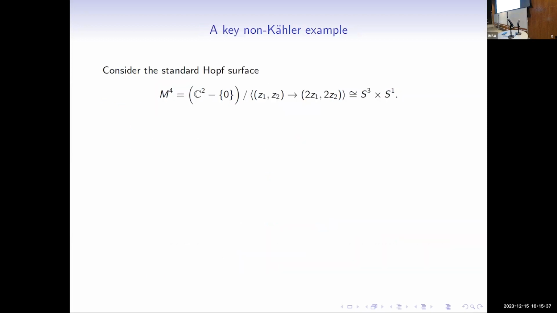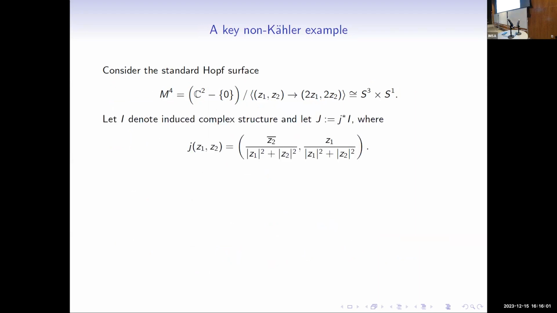So let me now turn again to this example, which came up a few times already, the standard Hopf surface, which I'll describe in a slightly different way, but it's exactly the geometry Marco described. This is exactly coming from the Lie group description he gave. If you take C2 minus the origin, then quotient by the standard Z action given by dilation of the two factors by a factor of 2, that's diffeomorphic to S3 cross S1.